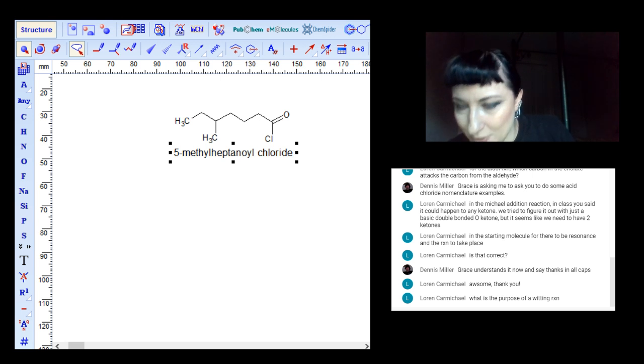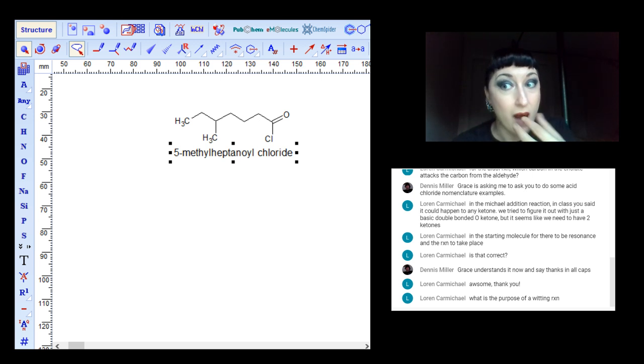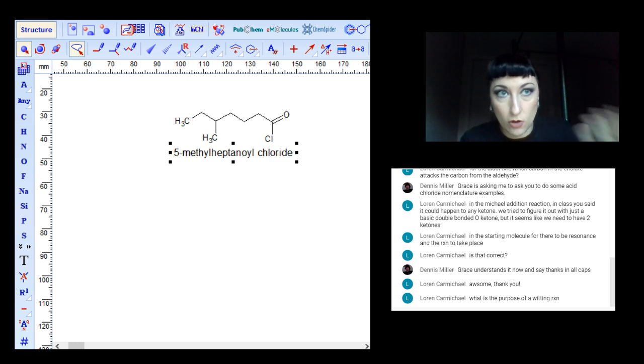What is the purpose of a Wittig reaction? It's another way of forming carbon-carbon bonds, and that's always really important to be able to do. If you think about all the stuff that we've done, it's good to be able to change functional groups, right? Say you needed an alcohol instead of an aldehyde, and you can do that kind of reduction reaction or vice versa. But then there's also things like you might need to make molecules larger.